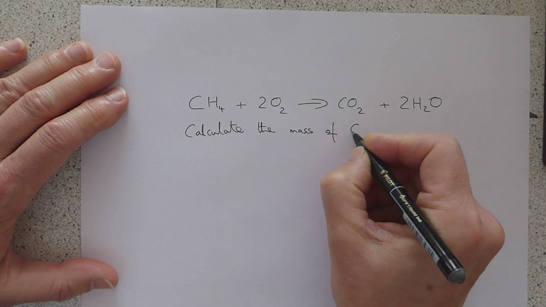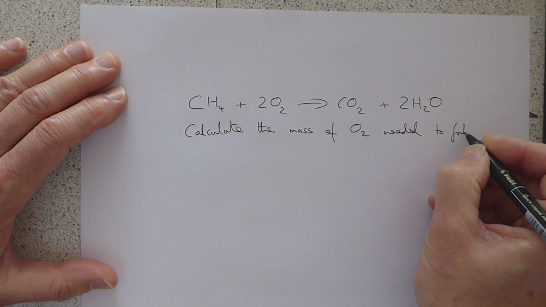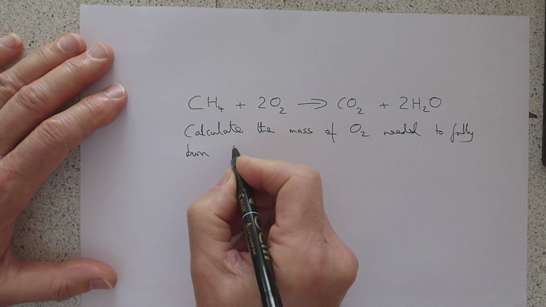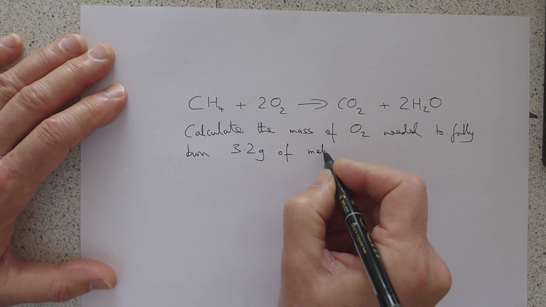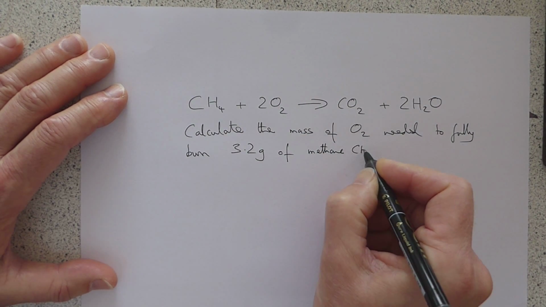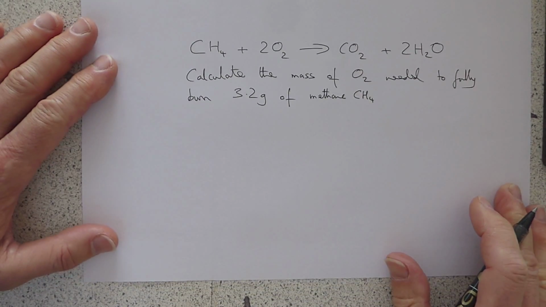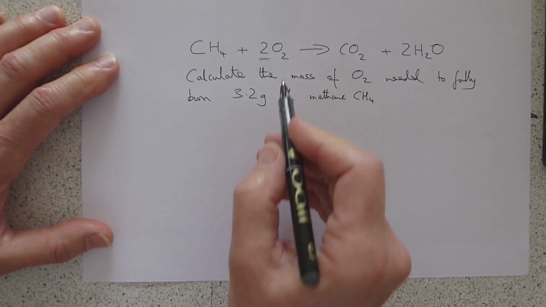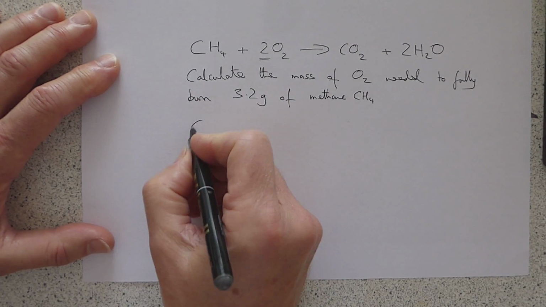Oh no, let's go for the mass of oxygen needed to fully burn 3.2 grams of methane, CH4. Okay, so there's a typical exam question again. This time we're asking how much oxygen would I need to fully react 3.2 grams of methane.